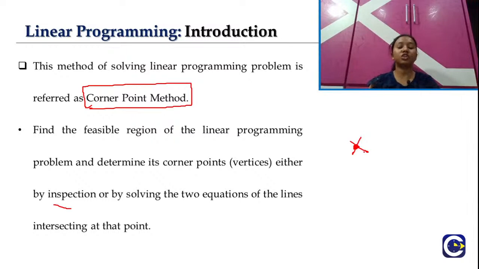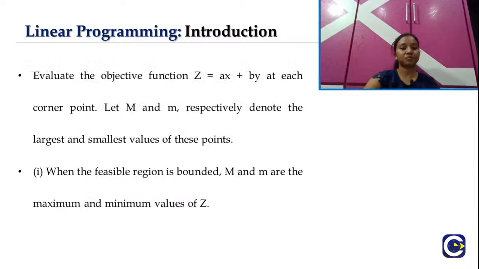So overall, our first step in solving the linear programming problem is to plot the constraints on the graph, identify the feasible region, and try to determine the corner points of the feasible region.